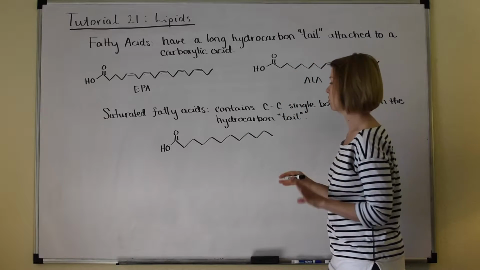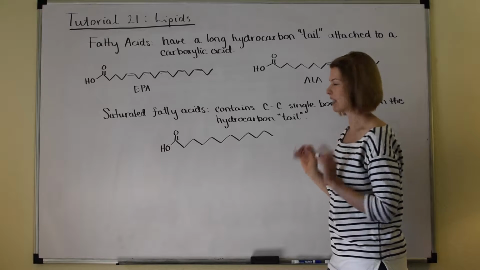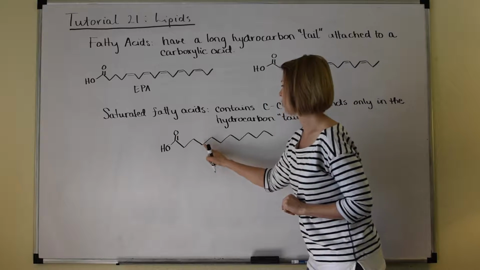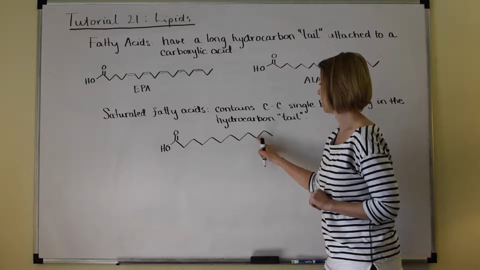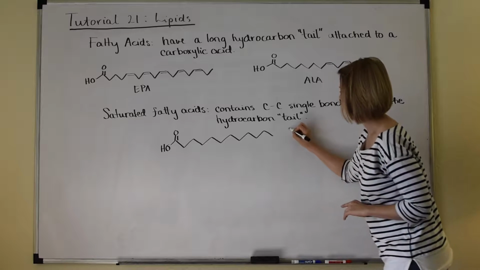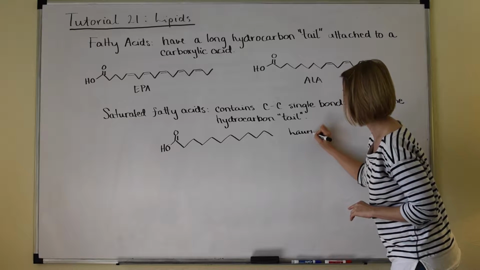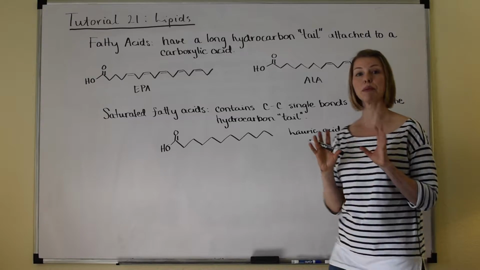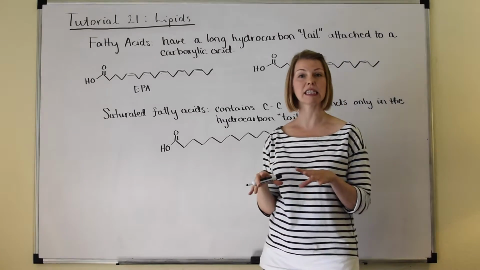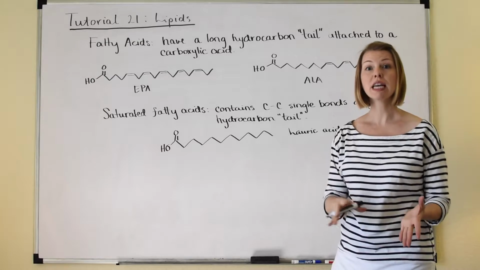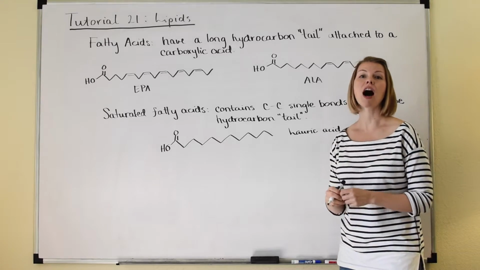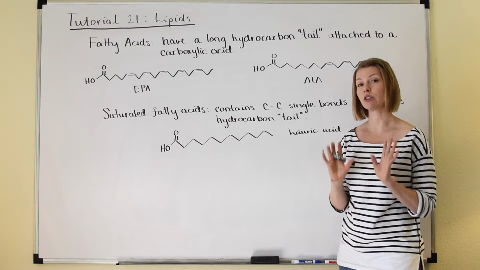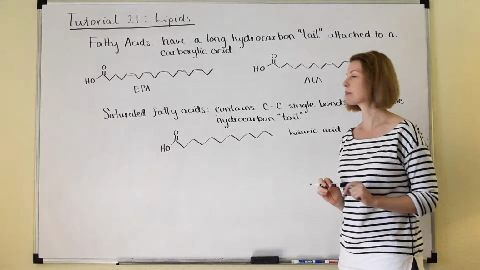I always like to count just to make sure, count a second time. 1, 2, 3, 4, 5, 6, 7, 8, 9, 10, 11, 12. Okay, so this is lauric acid. It is the predominant fatty acid found in coconut oil. It is a great example of a saturated fatty acid. It contains only carbon-carbon single bonds.